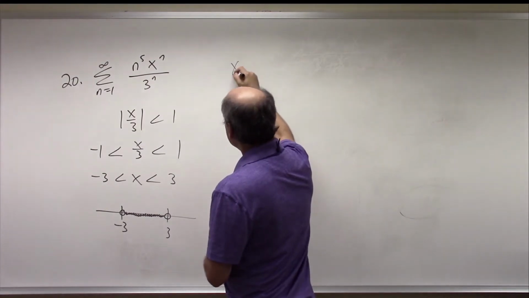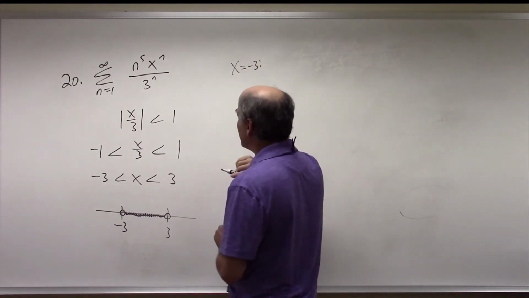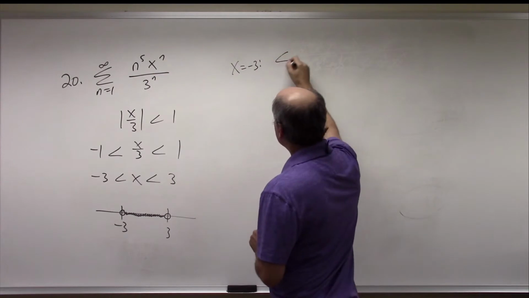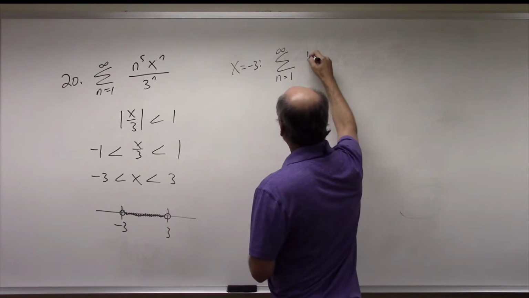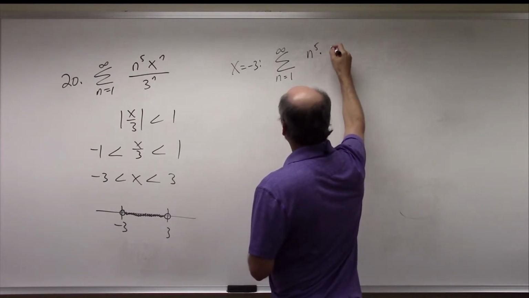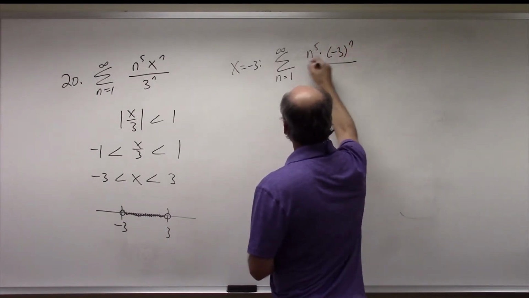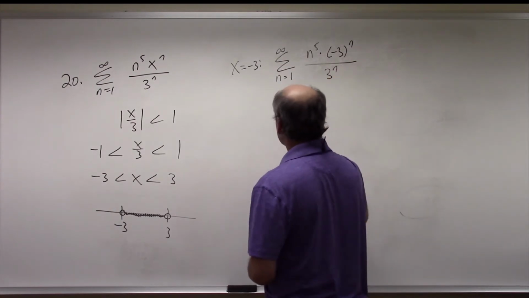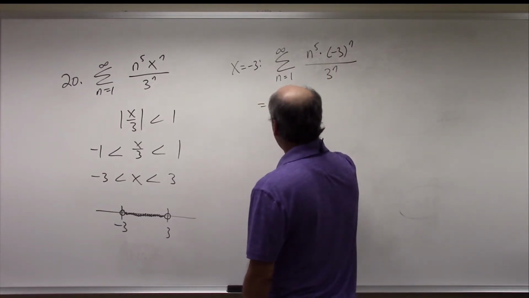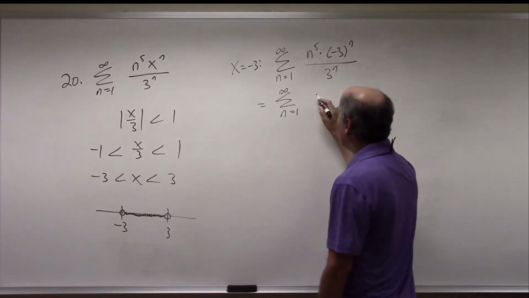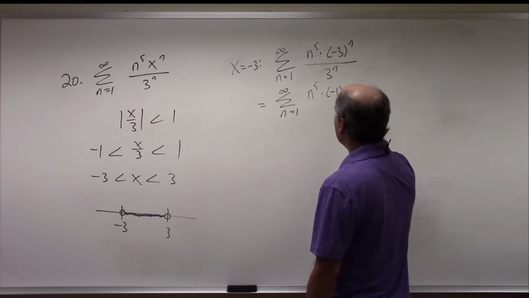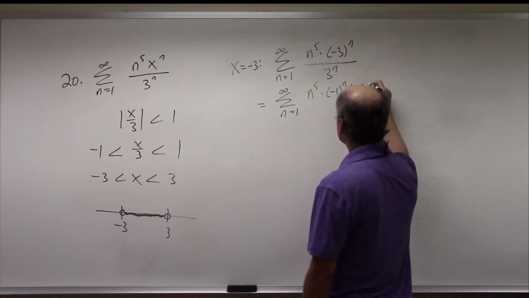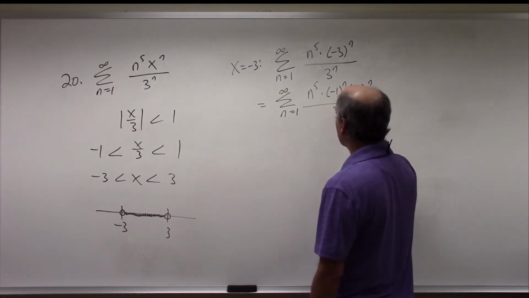If x equals negative 3, I have the sum from n equals 1 to infinity of n to the fifth power times negative 3 to the n power over 3 to the n power. And I'll think of that as n to the fifth power times negative 1 to the n power times 3 to the n power over 3 to the n power.